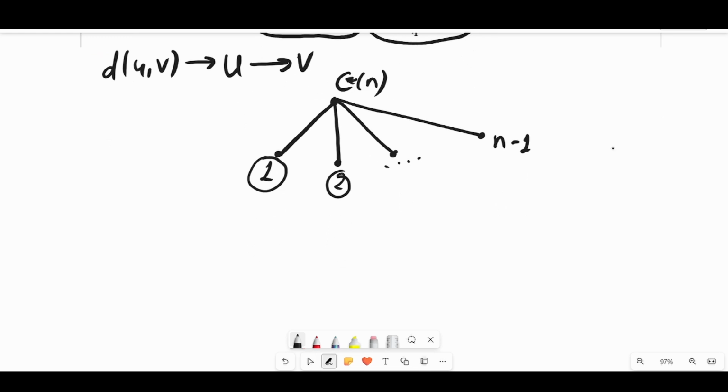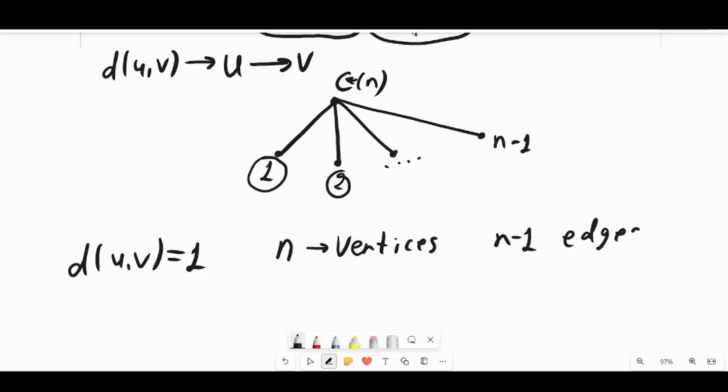At first, notice in how many pairs u and v the distance d(u,v) may be equal to 1. This means that these two vertices are neighbors to each other. How many edges do we have in that tree? If we have n vertices, then we will have exactly n minus 1 edges.